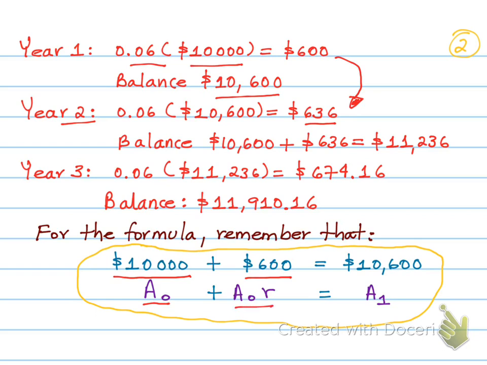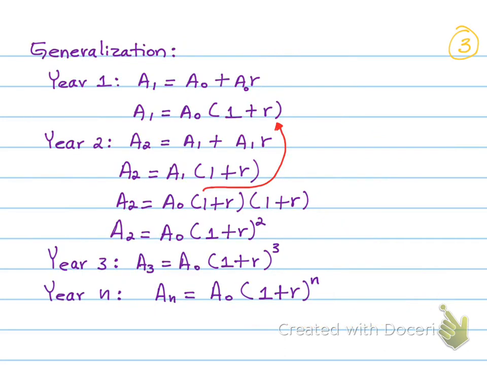So that's A0R, and that's what the person will have at the end of the year. So that'll be A1. That's the first year. With this in mind, we can continue and find the formula.